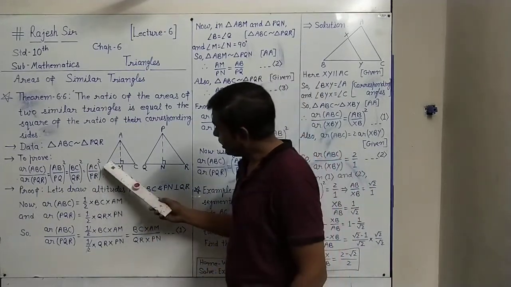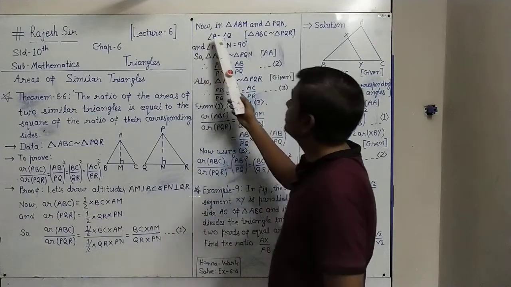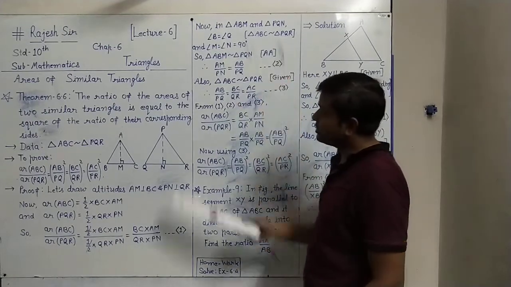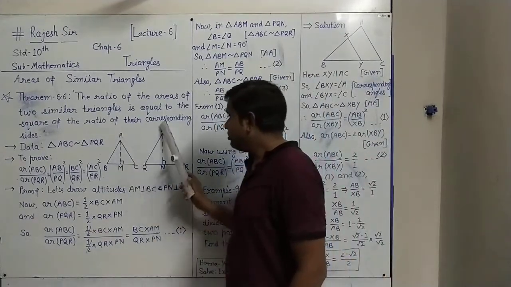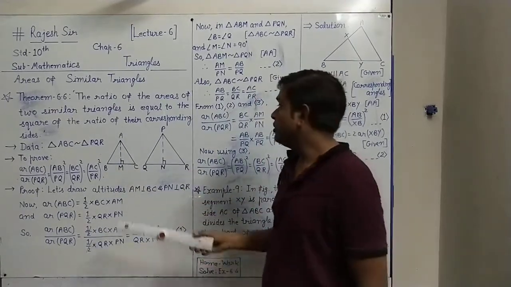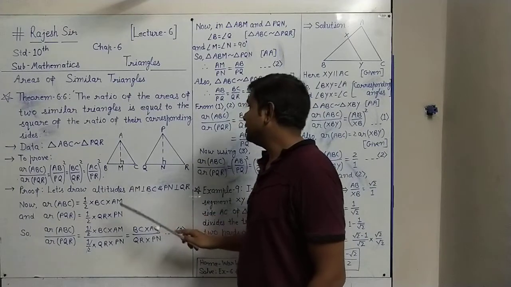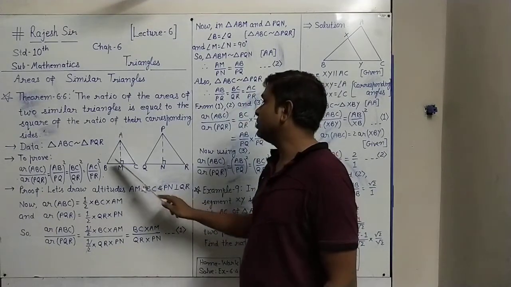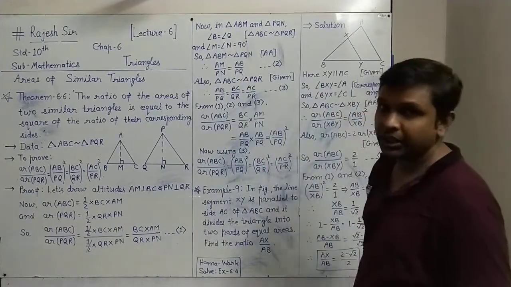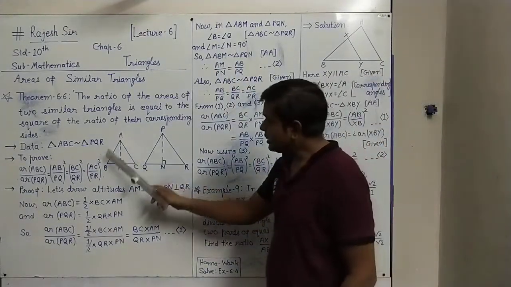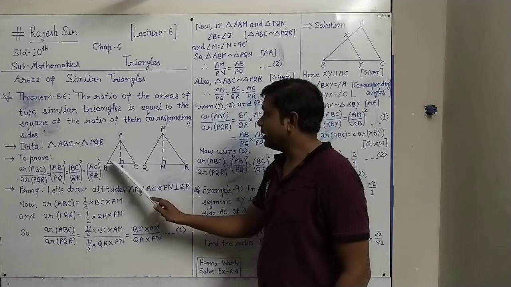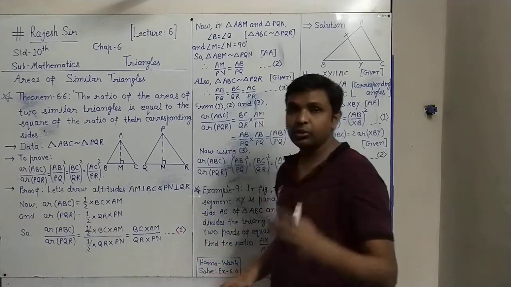Next, as we have drawn AM and PN as altitudes, they make 90 degrees on the base. So angle M and angle N are equal, each 90 degrees. So in these two triangles ABM and PQN, we have shown angle B equals angle Q and angle M equals angle N. Means two angles we have shown equal.